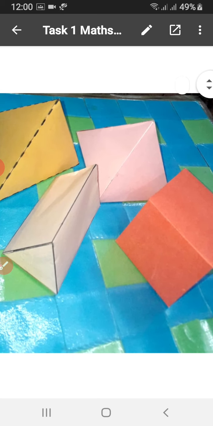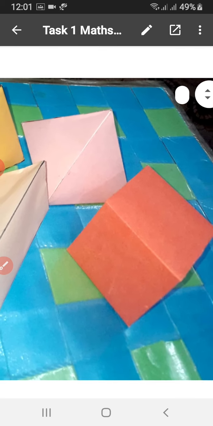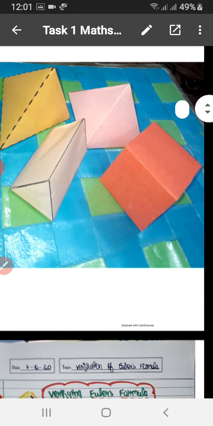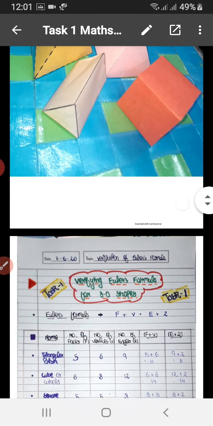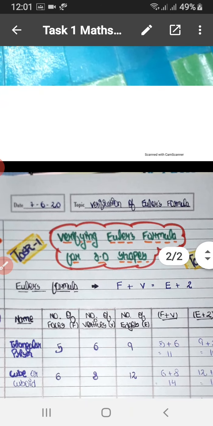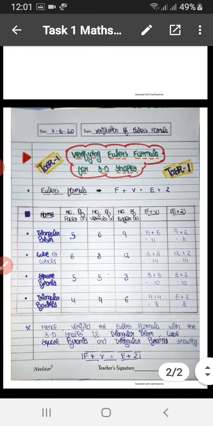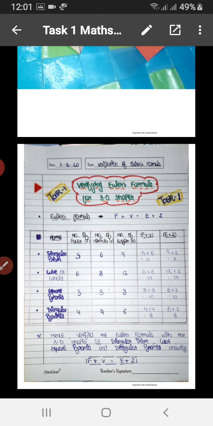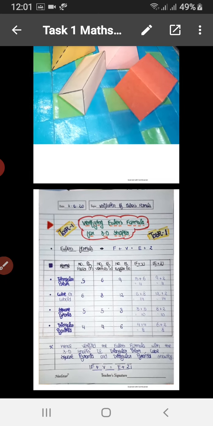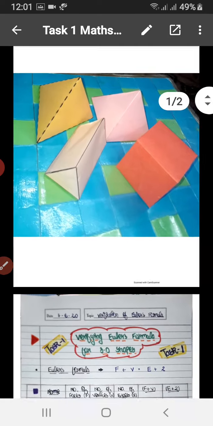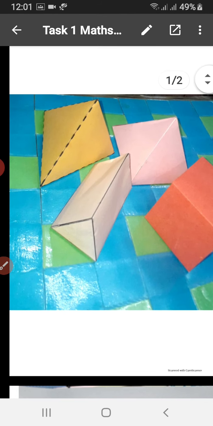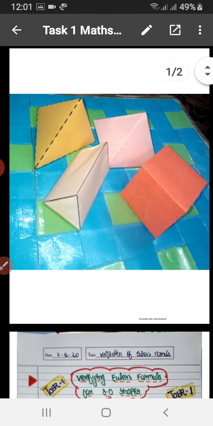See the neatness? Choice of colors, doing the work, away from screen. We are using screen and we are using technology for sharing and learning.